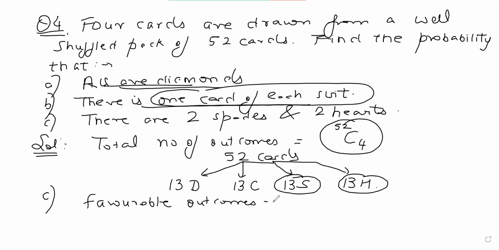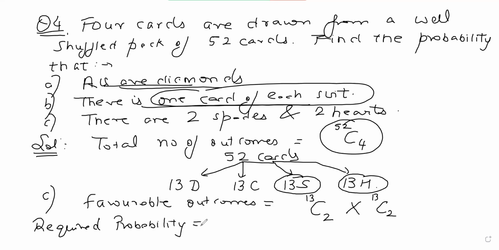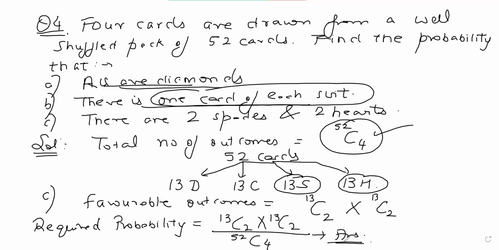I want 2 spades and 2 hearts, so out of 13 spades I want 2, and out of 13 hearts I want 2. So my required probability for part C will be 13C2 times 13C2 over the total number of outcomes, 52C4. This is my answer for part C.